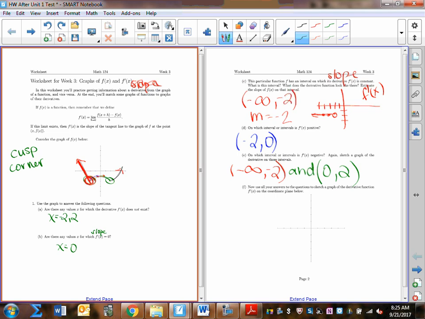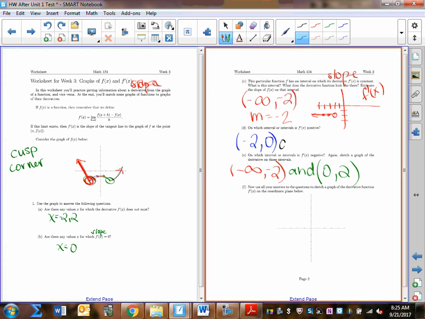Positive. So we'll just say 2 onward. We should have been able to get those intervals because we're simply looking at the slope of a graph, identifying the slopes along there, whether they're positive or negative. Any questions on those?